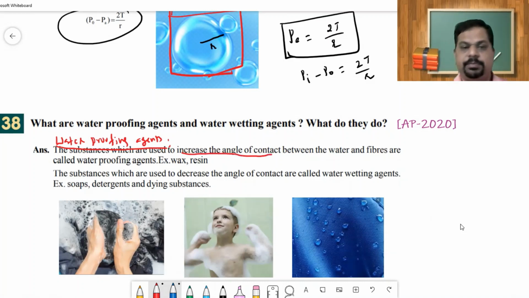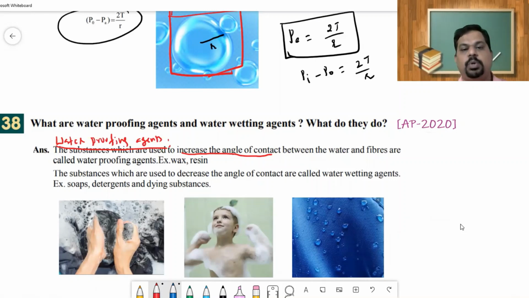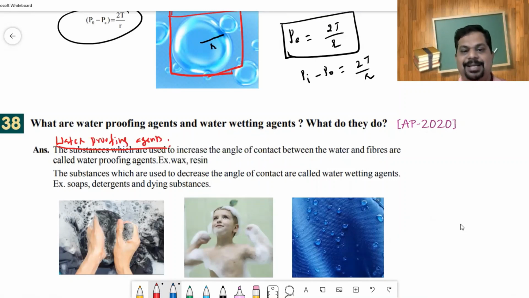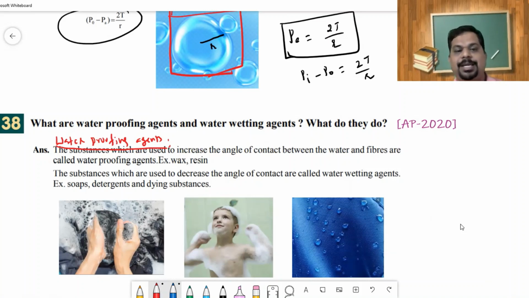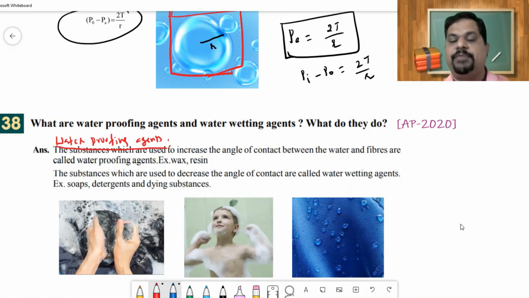increase the angle of contact between water and fiber. So remember, these waterproofing agents increase the angle of contact. See, when the angle of contact increases, water cannot enter into the fiber.